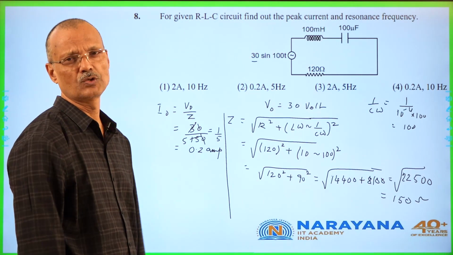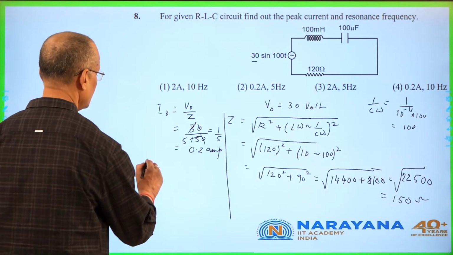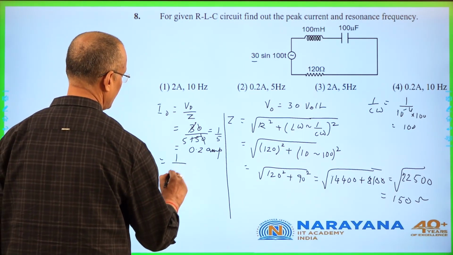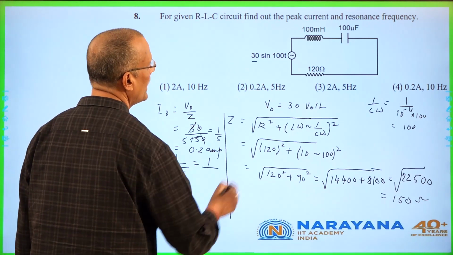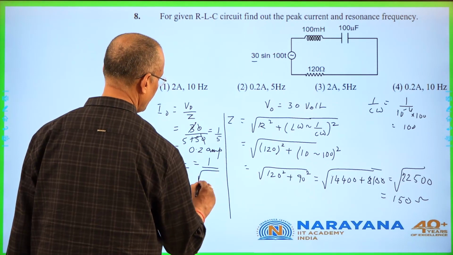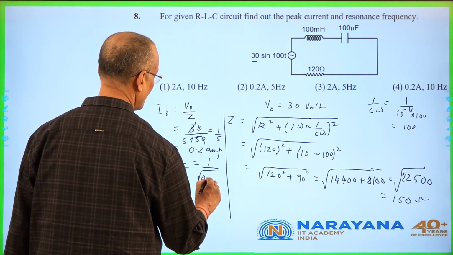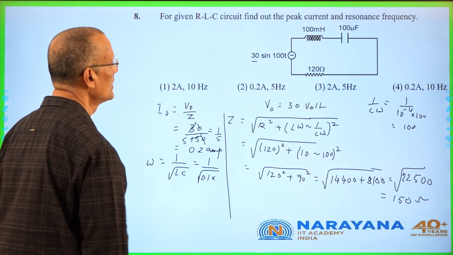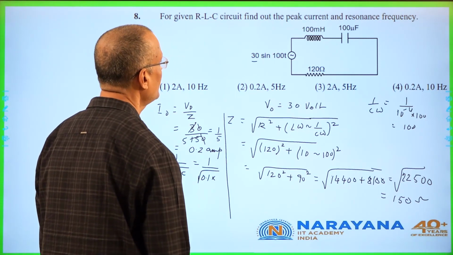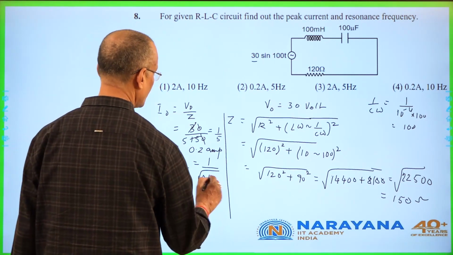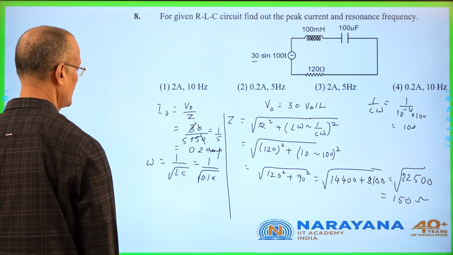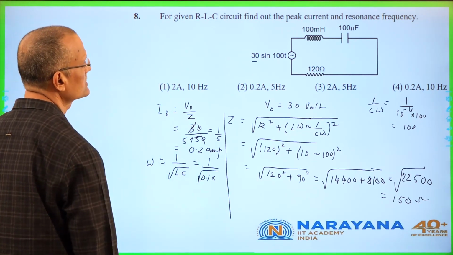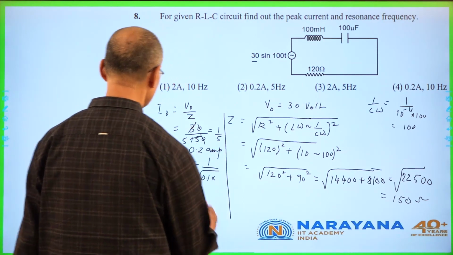Resonant frequency, you know, omega is 1 by root LC. L they have given you 100 milli, means 0.1. C you have 100 micro, 10 to the power minus 4. They are asking me resonant frequency.